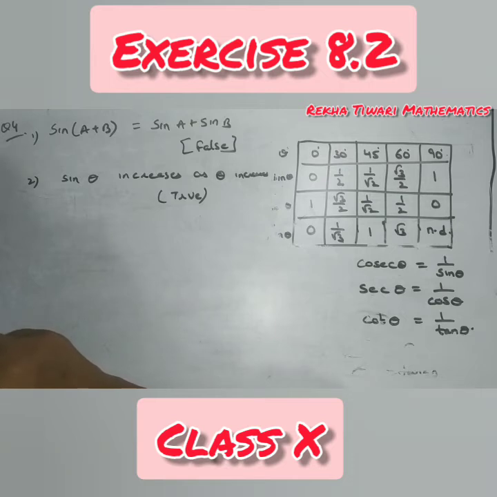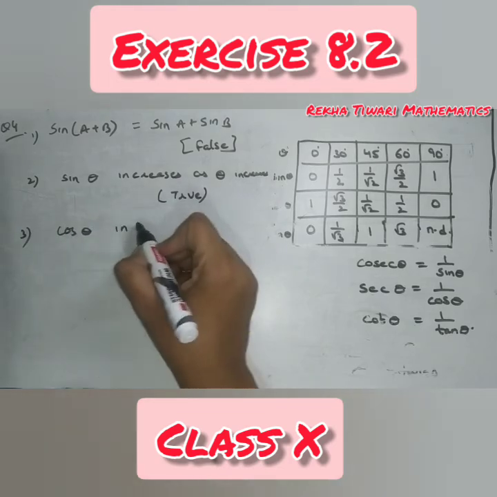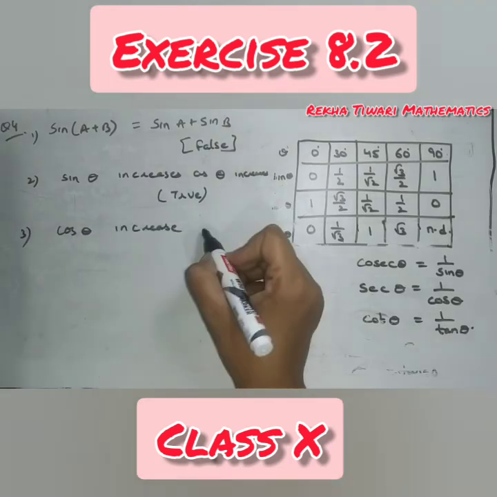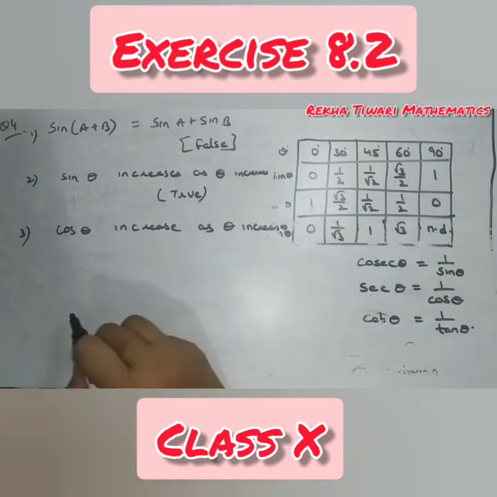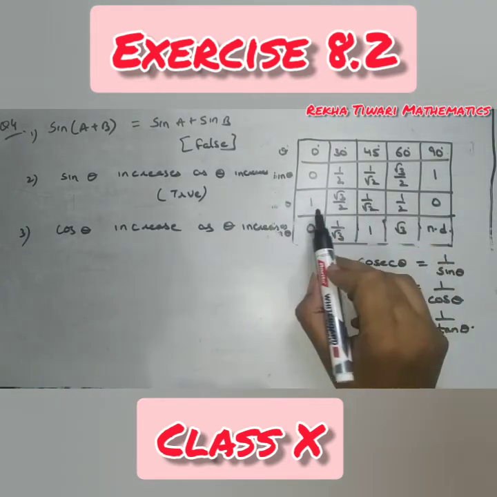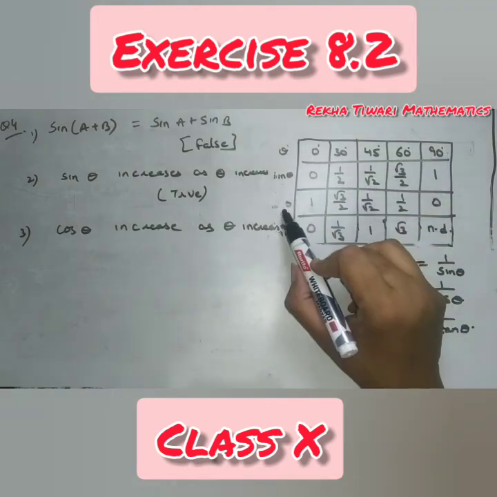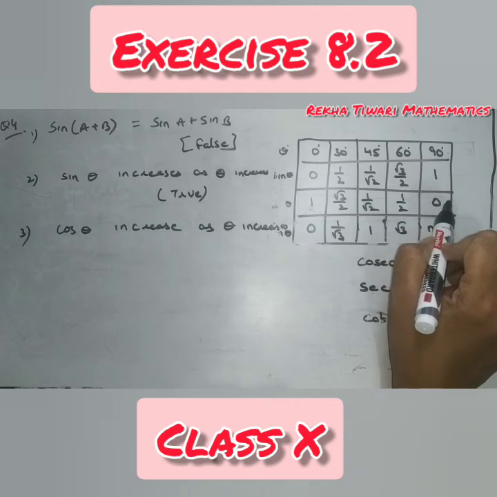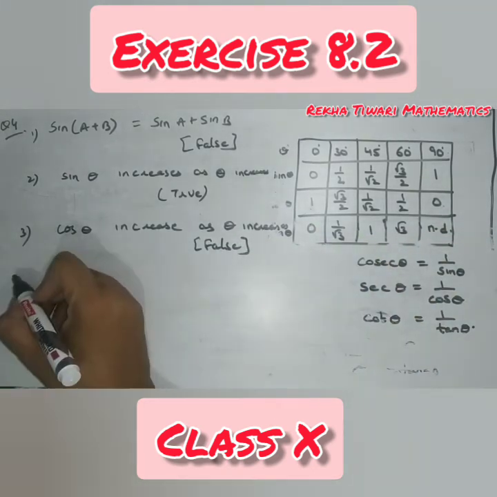The third part: the value of cos theta increases as theta increases. This statement is false. You can see the value of theta increases here from 0 to 90, but cos theta decreases from 1 to 0. So this statement is false.